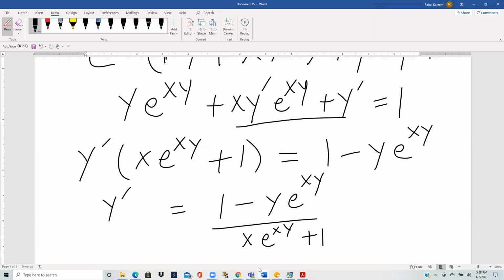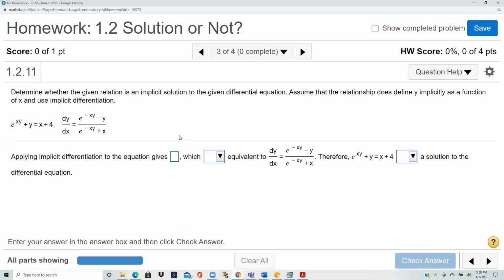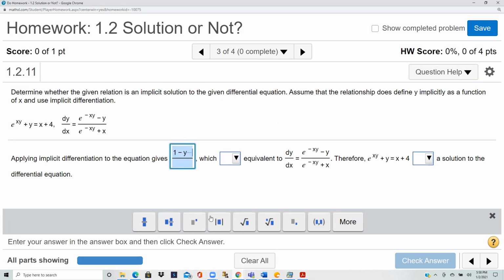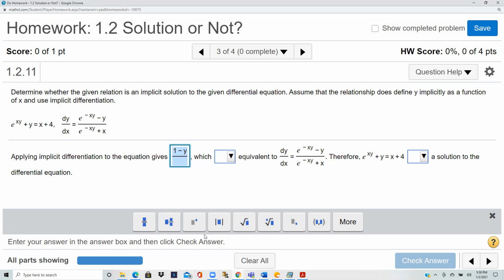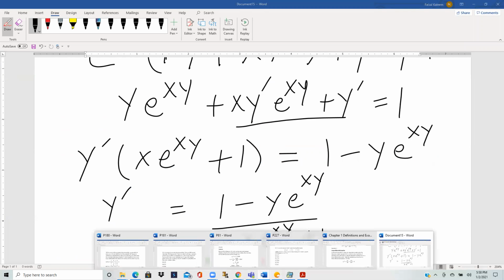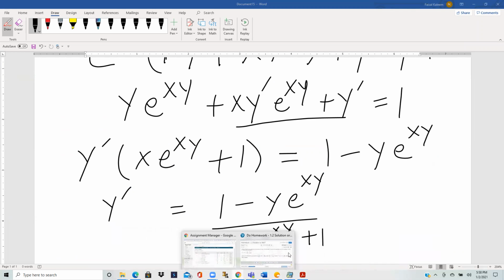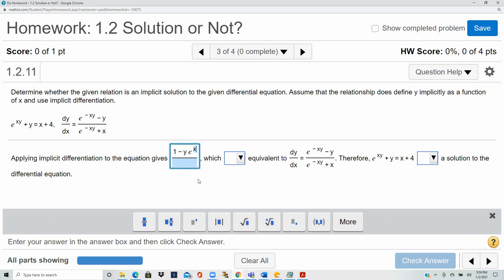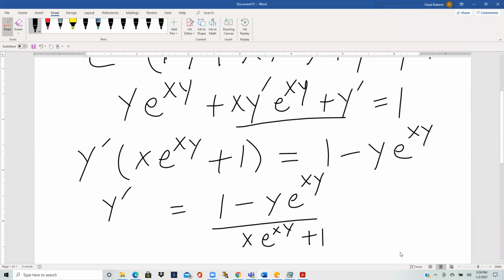Let's write it over there. 1 minus y e^xy is the numerator. And the denominator is x e^xy plus 1.